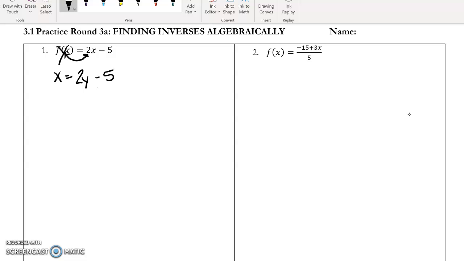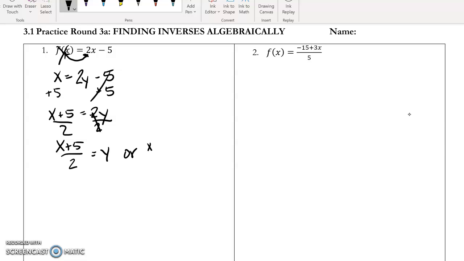Then my job is to just get the y by itself. So I'm going to add 5 to both sides and then divide by 2. I do not care if you leave it as x plus 5 over 2 equals y, or x over 2 plus 5 over 2 equals y.